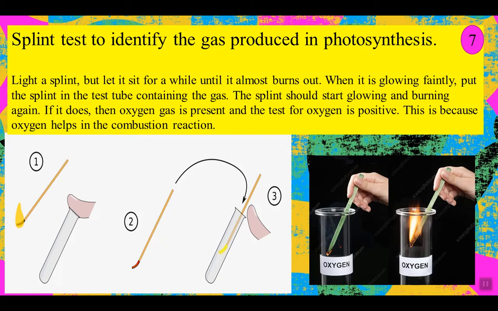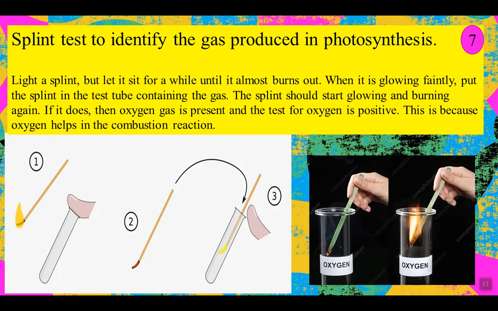Splint test to identify the gas produced in photosynthesis. As the first step, we should light a splint, then let it sit for a while until it almost burns out. Then we insert the splint into the boiling tube containing the gas.